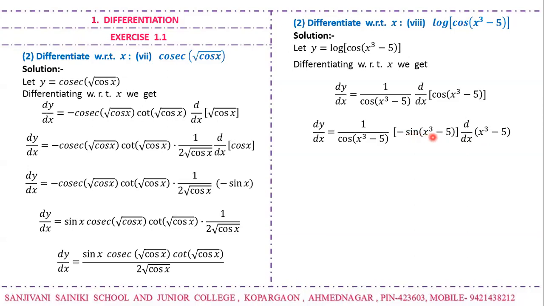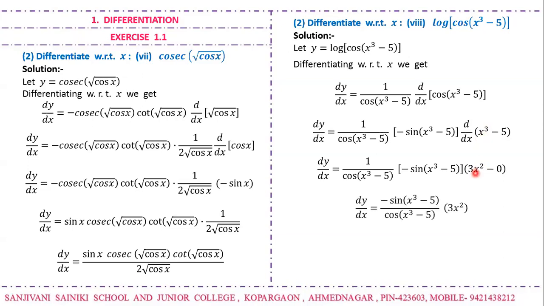Now d by dx of x cube minus 5 means d by dx of x cube minus d by dx of 5. But 5 is a constant, its derivative is 0. So you get the derivative of x cube only, which is 3 times x square.